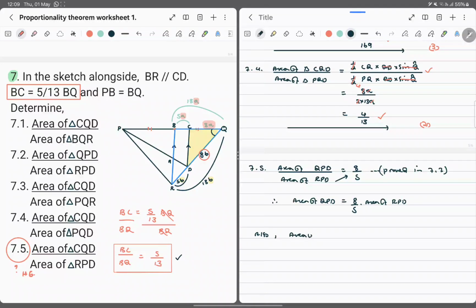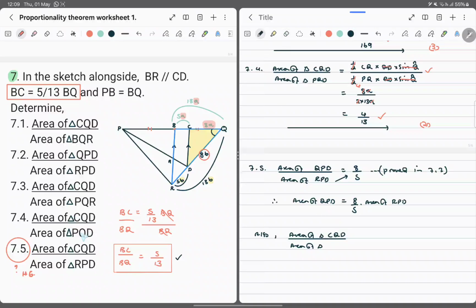We knew that the area of triangle CQD over the area of triangle PQD, which is what we want, QPD. QPD, okay, this is the same triangle anyway, even if I write PQD, but let's just write it the way it makes a bit of sense.